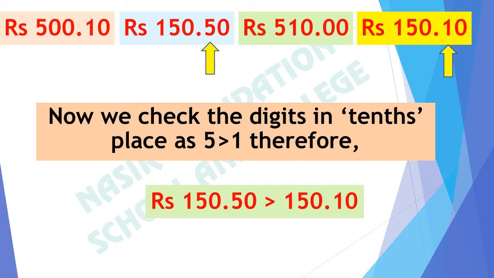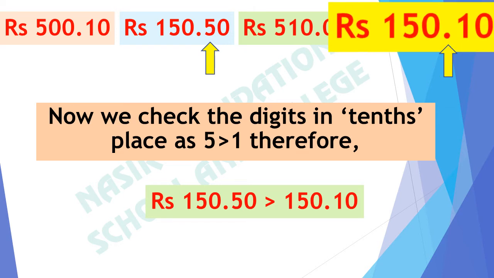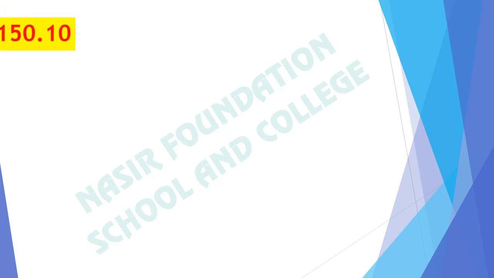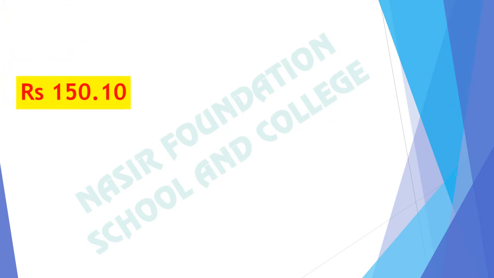Therefore, we can say that 150 rupees and 50 paisas is greater than 150 rupees and 10 paisas. The least value is 150 rupees and 10 paisas.